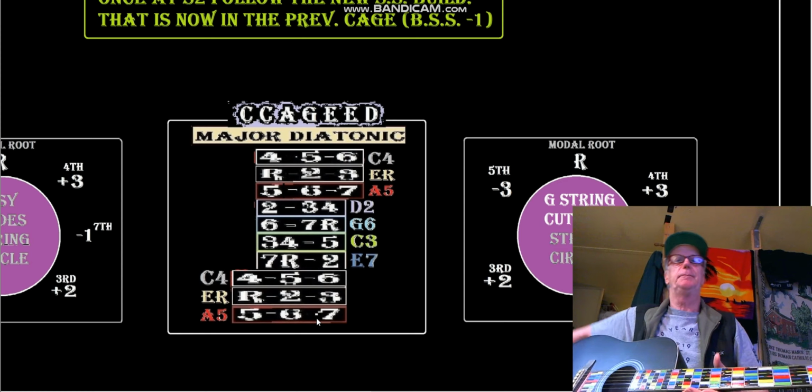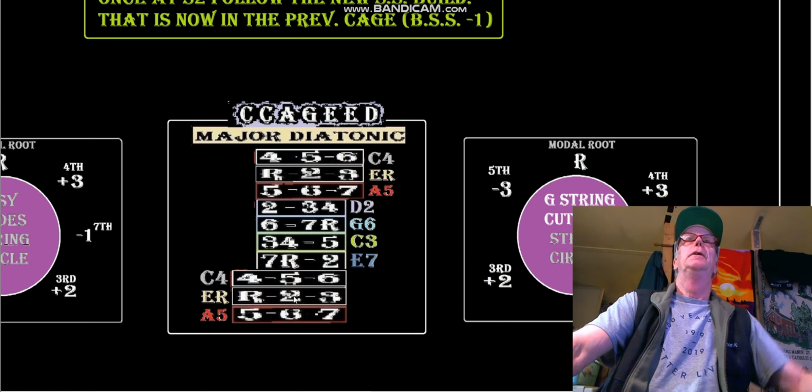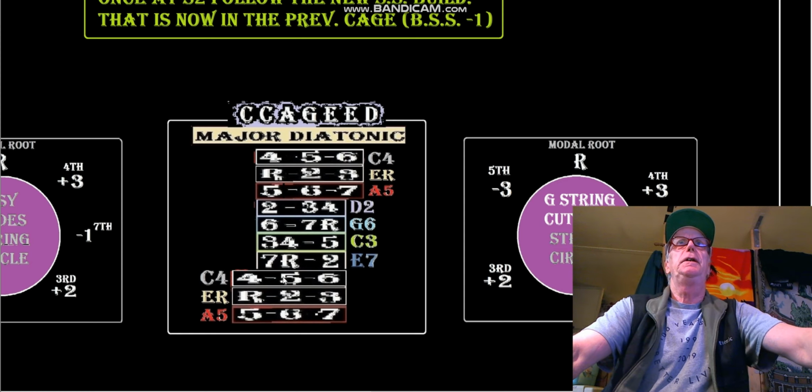So here's the build: the Ionian root 2-3, the Lydian 4-5-6, the Locrian 7 root 2, and on and on. The Phrygian 3-4-5, Aeolian 6-7 root, Dorian 2-3-4, and again on top.